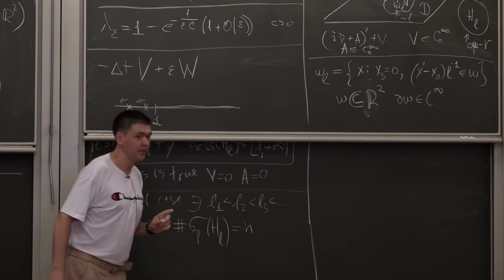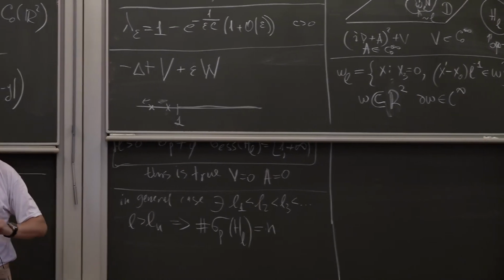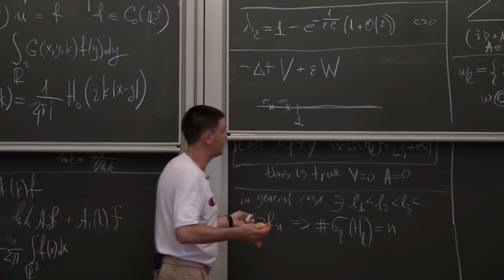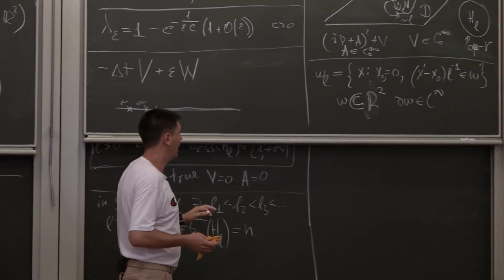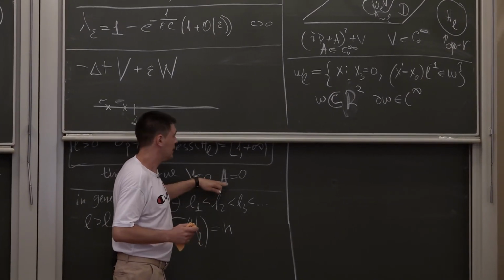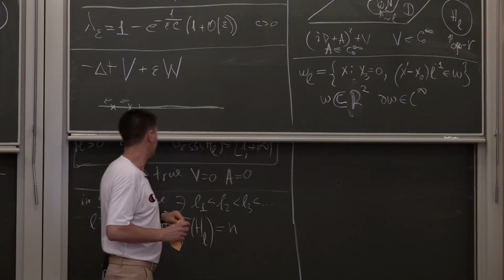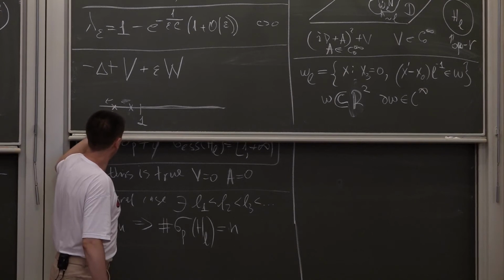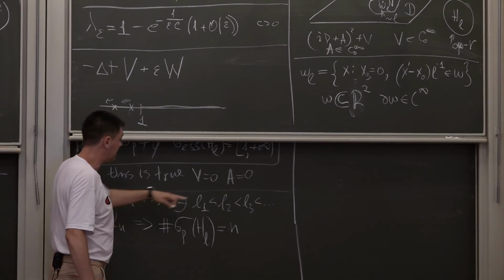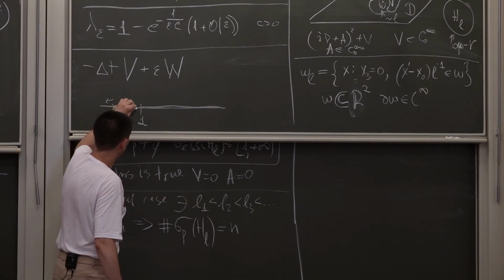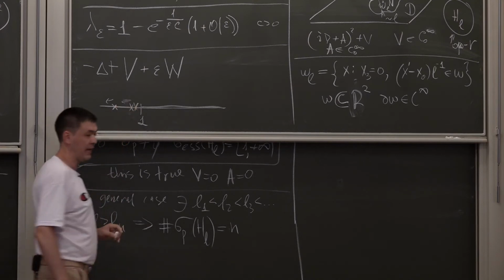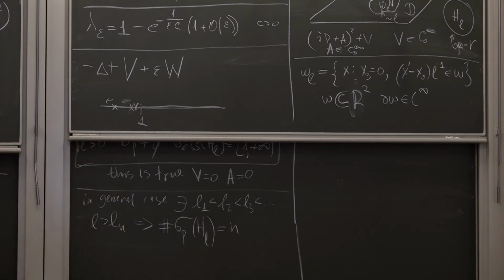It's also possible that for special shapes of this window and for some special choices of V and A, for some critical values of L, we can get not one emergent eigenvalue, but two of them. This is also possible.